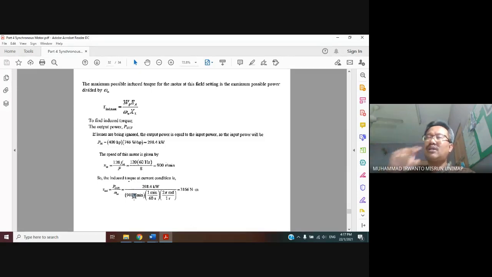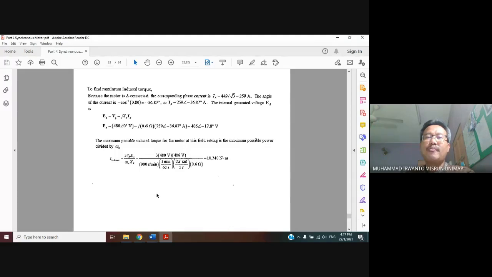So we multiply revolutions by 2 pi radian over minute, and 1 minute is 60 seconds. So we convert RPM to radian per second. Now we obtain the induced torque, 3166 Newton meter, for this condition.